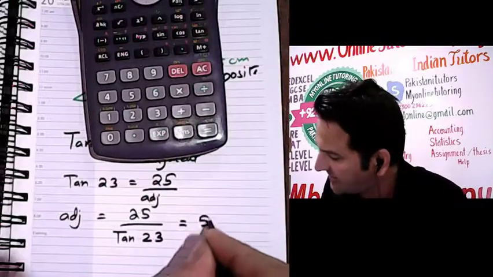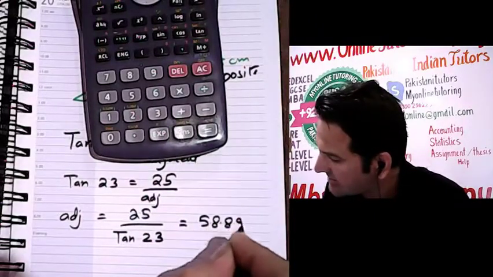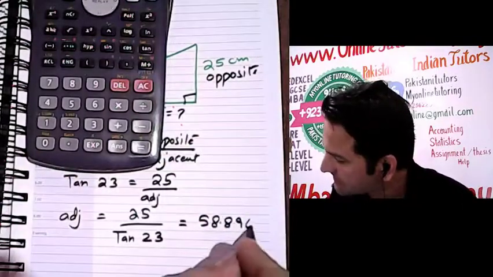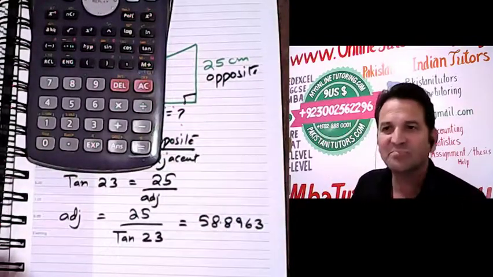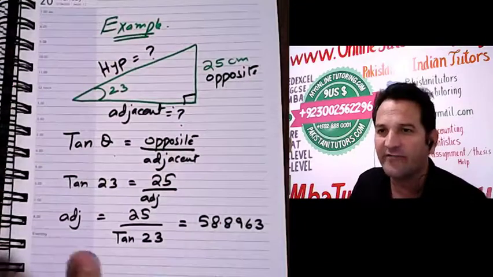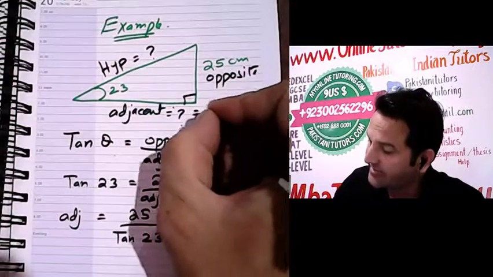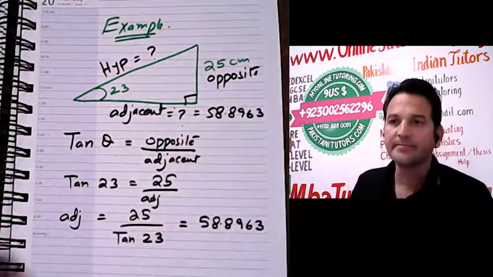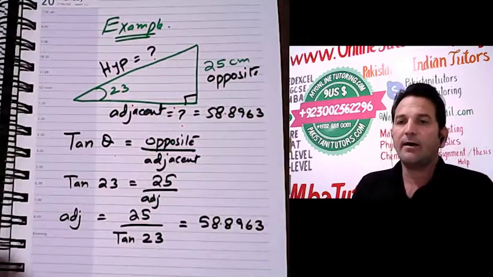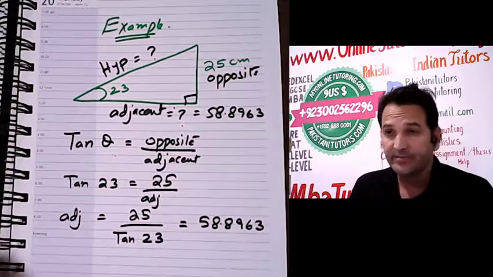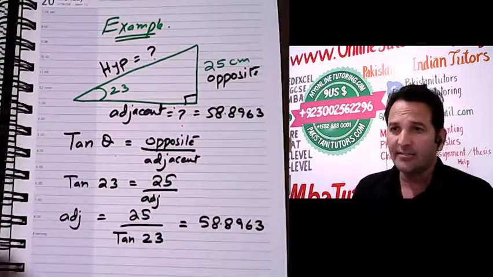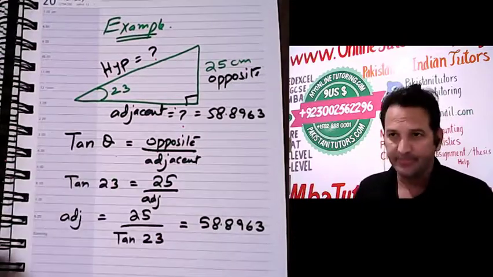So adjacent will be 58.8963. This will be the adjacent side of the right angle triangle by using tan theta.